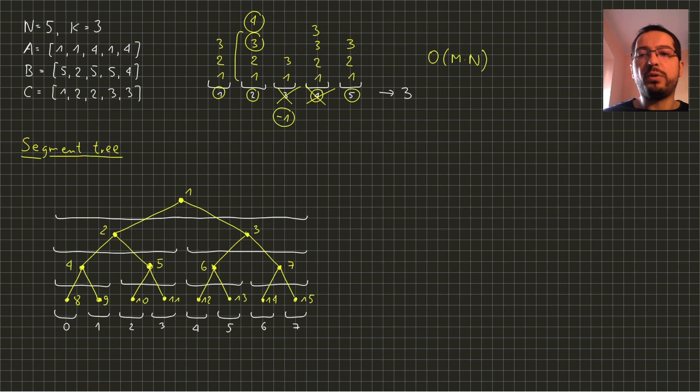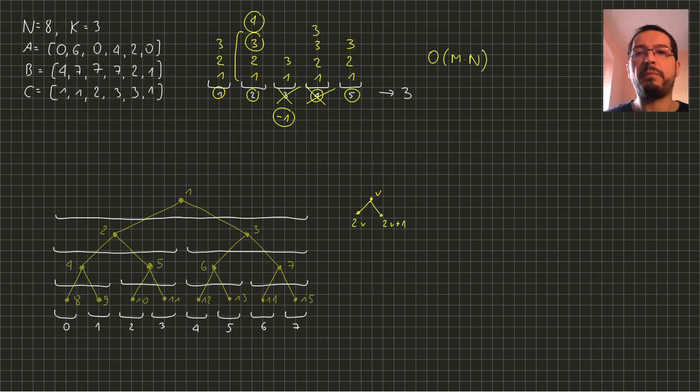If we number the nodes layer by layer, starting from 1, we can keep them efficiently in a table of length 2n without any pointers, because the left and right children of a node number v will be 2v and 2v plus 1 respectively. Let's analyze another example to see how the operations are performed on the tree, and also what information should be stored in the nodes.